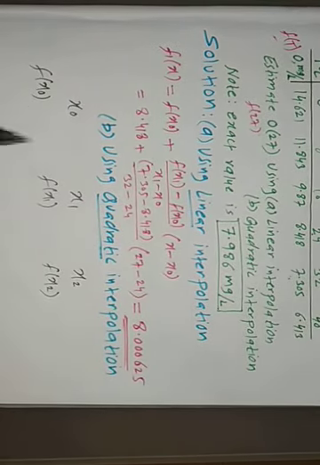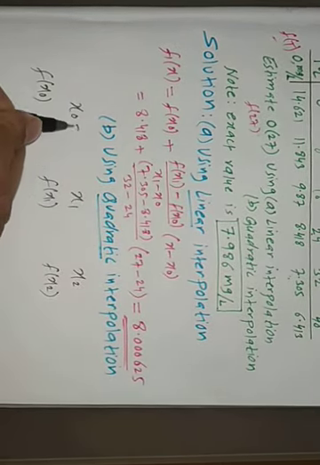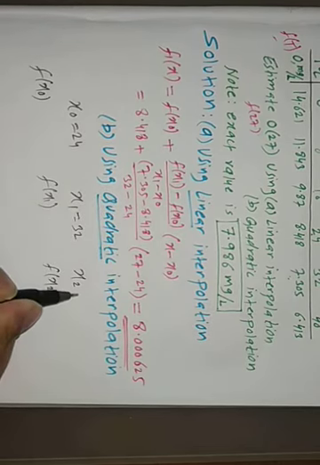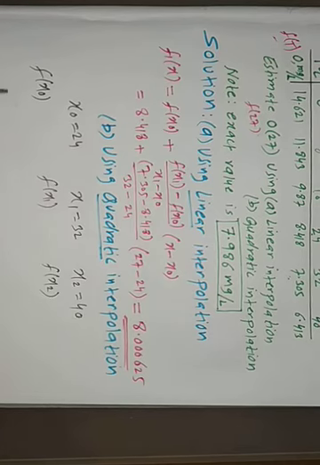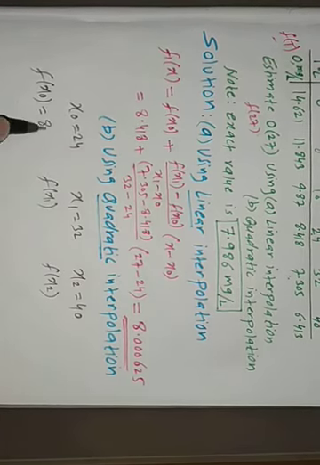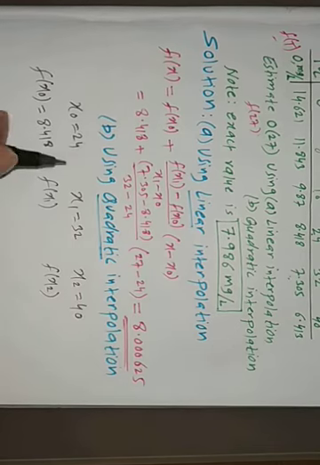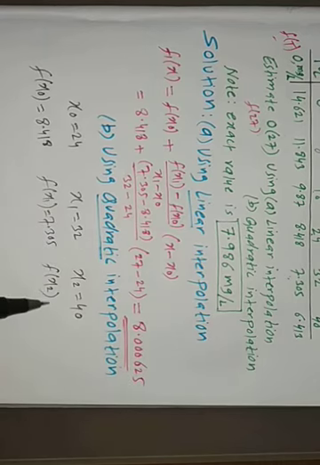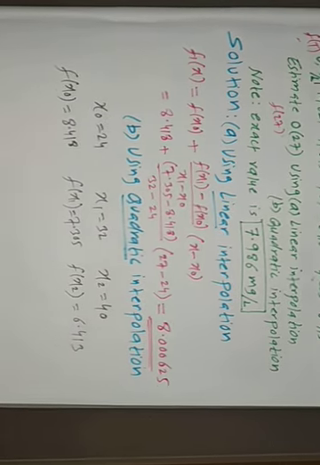So x0 is 24, x1 is 32, x2 is 40. F of x0 is 8.418, f of x1 is 7.305 and f of x2 is 6.413.